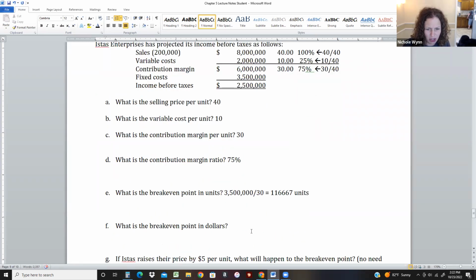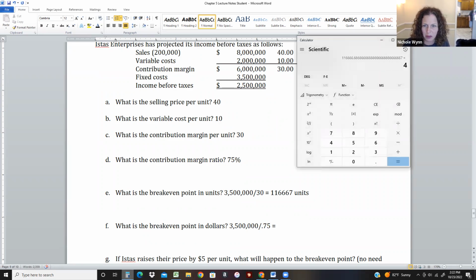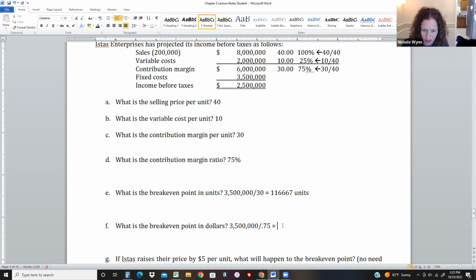If I want that in dollars, I can take 3,500,000 and instead divide by 0.75. You can also take this number times 40. So that should be the answer, but divided by 0.75, 4,666,667.